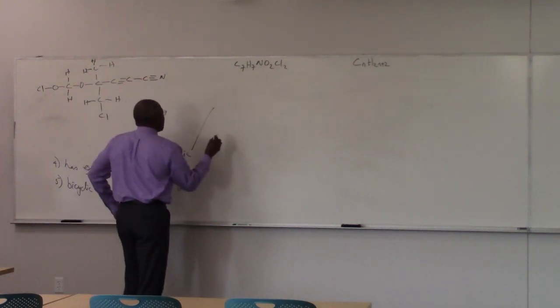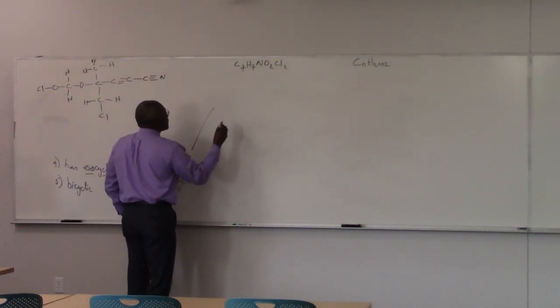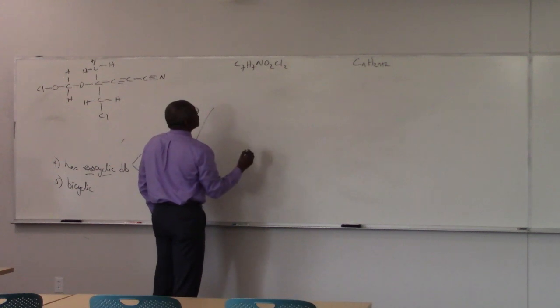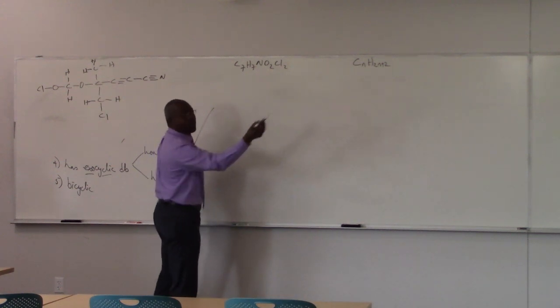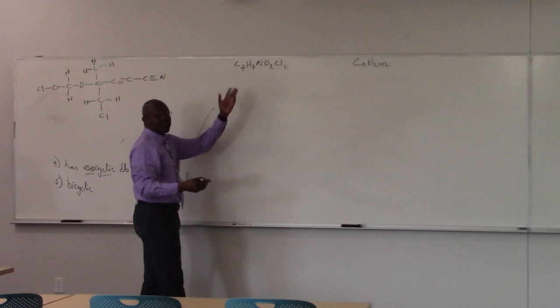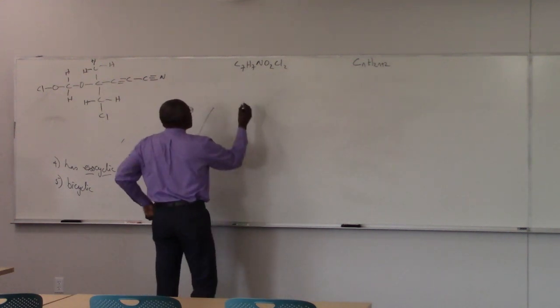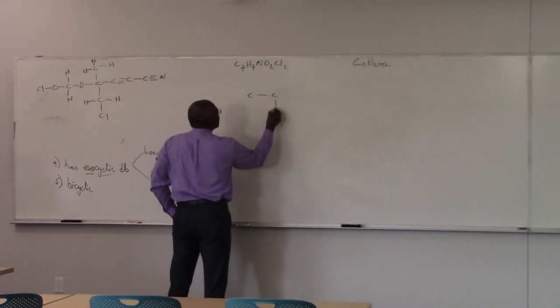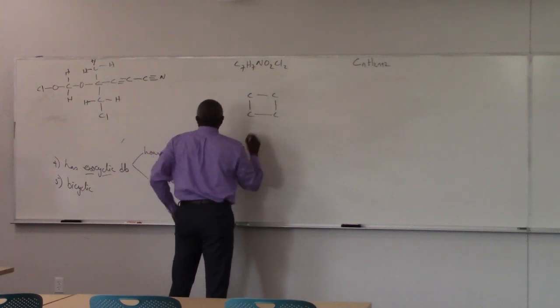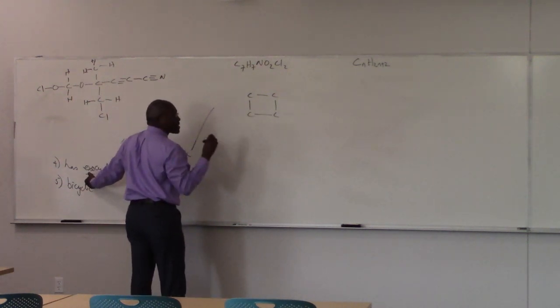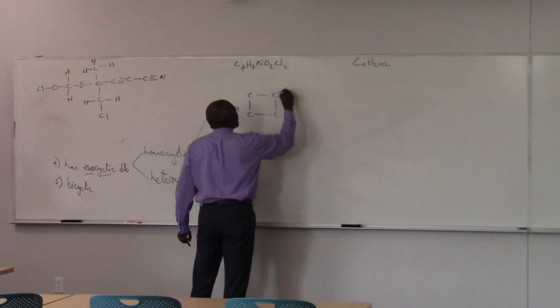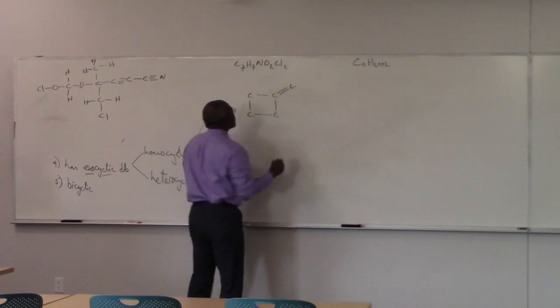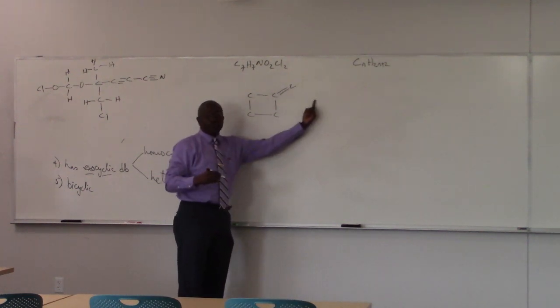I've got 7 carbons, let's do 4 of them in a ring. It could be 3, 4, 5, 6, 7. I'm going to go with 4. So I'm going to have carbon, carbon, carbon, carbon. It tells me it wants an exocyclic double bond, so I'm going to satisfy that immediately and put a double bond coming off the ring.